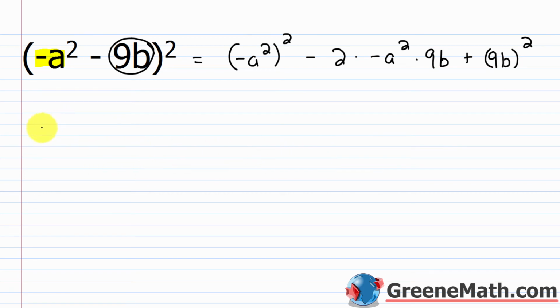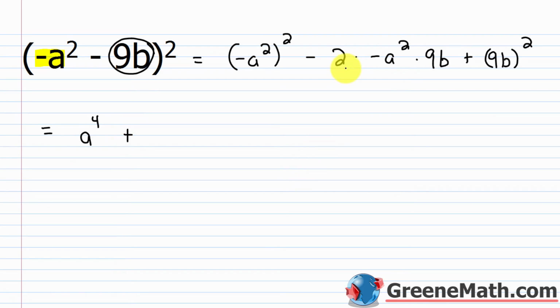All right, let's erase this. And let's crank this out. So if I have negative a squared, squared, I know this is basically negative 1 squared. That would be 1. So this would be positive. And then a squared squared, keep a the same, and multiply exponents. 2 times 2 is 4. Then next, we have negative 2 times negative a squared times 9b. Negative times negative is positive, so I know this would be plus.